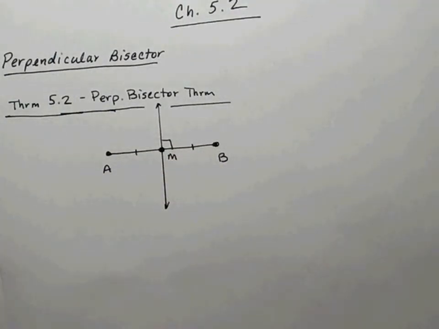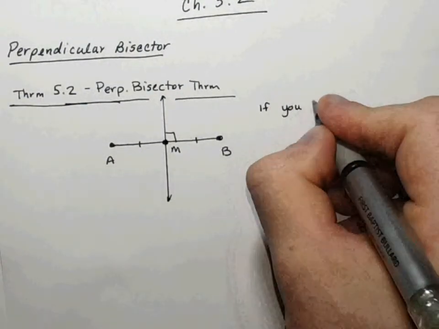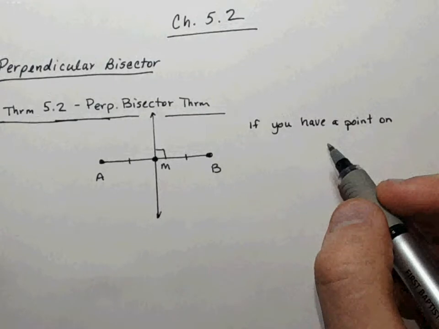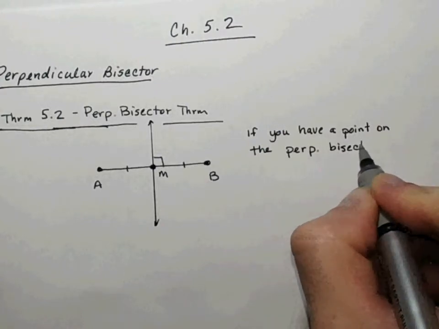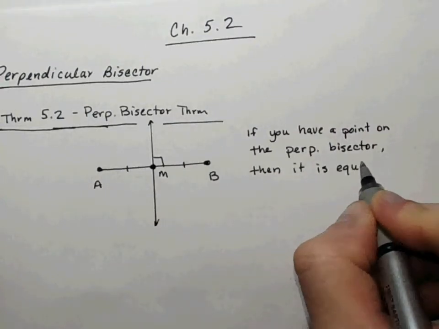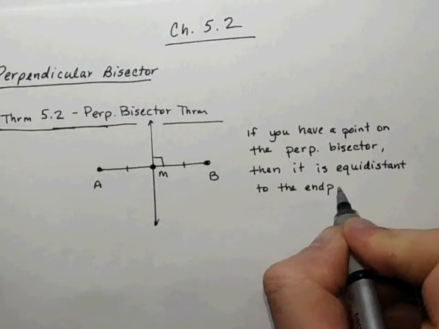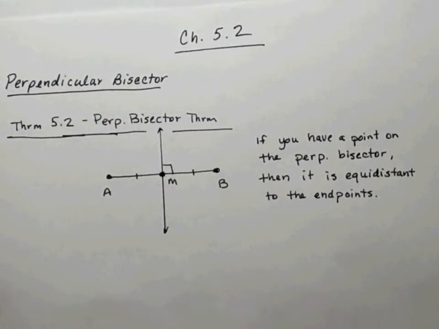The perpendicular bisector theorem says if you have a point on the perpendicular bisector, then it is equidistant to the endpoints.